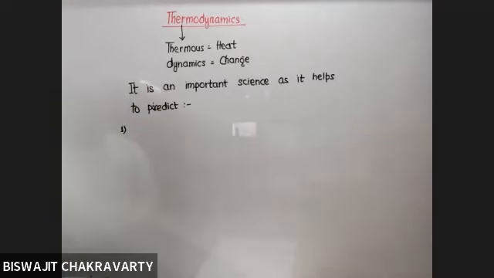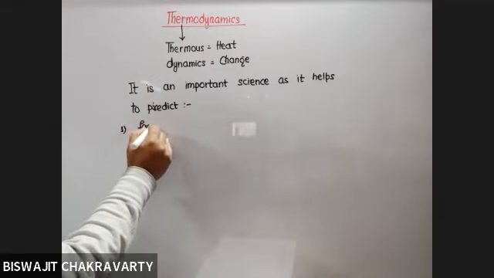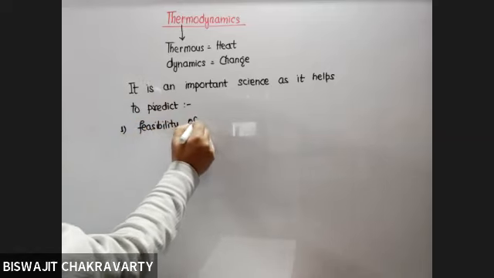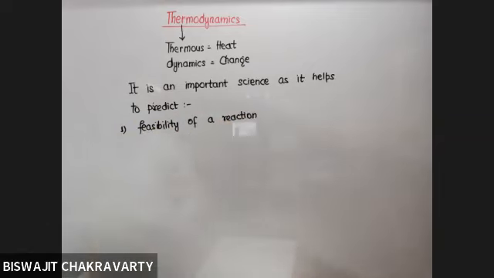So what are the things that it can help us to predict? Number one, feasibility of a reaction. Now, what is the meaning of the term feasibility of a reaction?